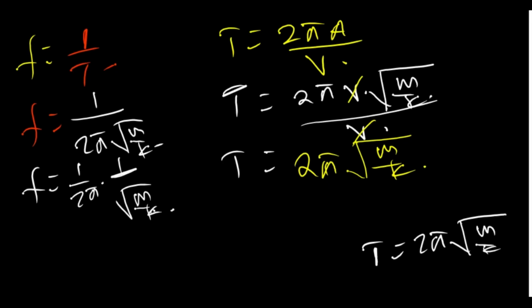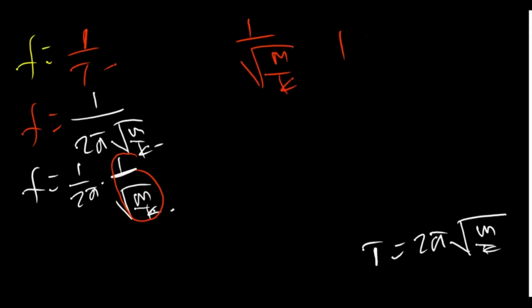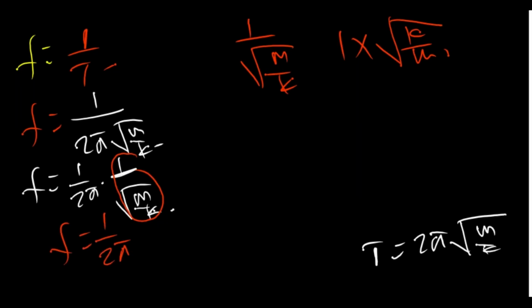Now let us expand this. So we have 1 over the square root of m over k, which is the same as 1 times the square root of k over m, meaning that the formula for frequency is going to be 1 over 2 pi times the square root of k over m.